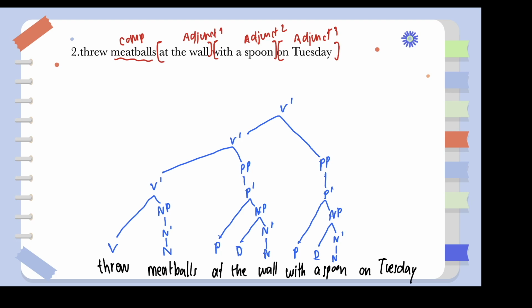So Tuesday is n, and we have n bar, and then NP, and we have P on, so it is attached together to be the P bar, and this P bar we have PP, and the last PP, on Tuesday, is attached with this V bar to be another V bar before it turns to be the verb phrase. Okay, that's it.